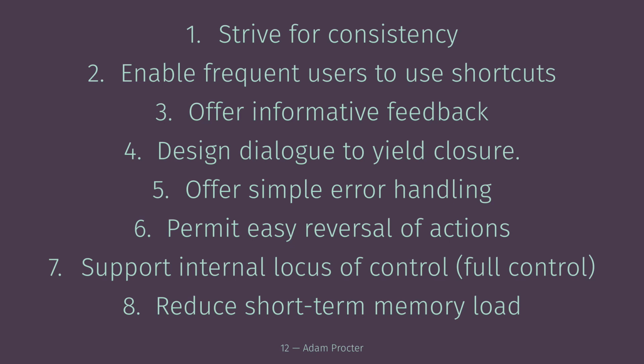So: strive for consistency, shortcuts, feedback, dialogues that say something, simple error handling, easy reversal of actions, so you get full control over what you're doing, and reduce short-term memory load. So they're saying, if you can achieve these principles in your interactions, then you will have a better user experience.